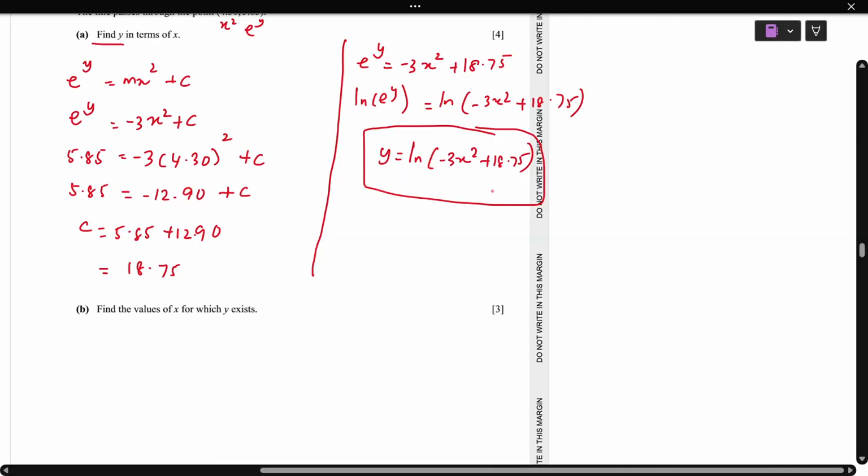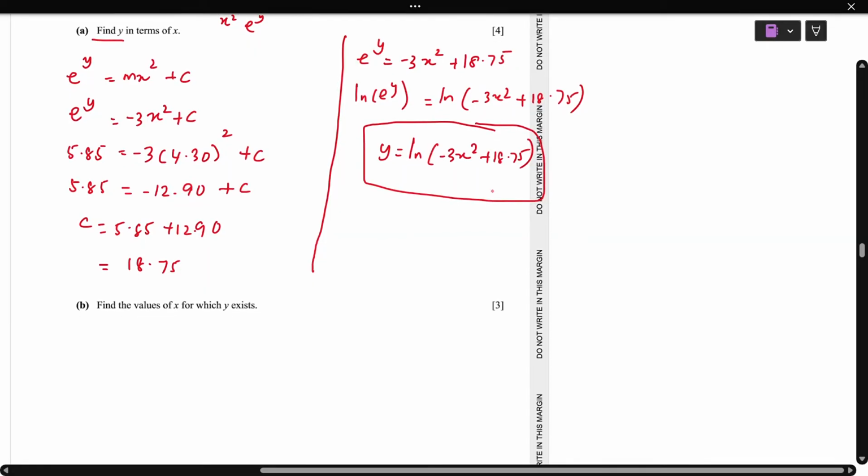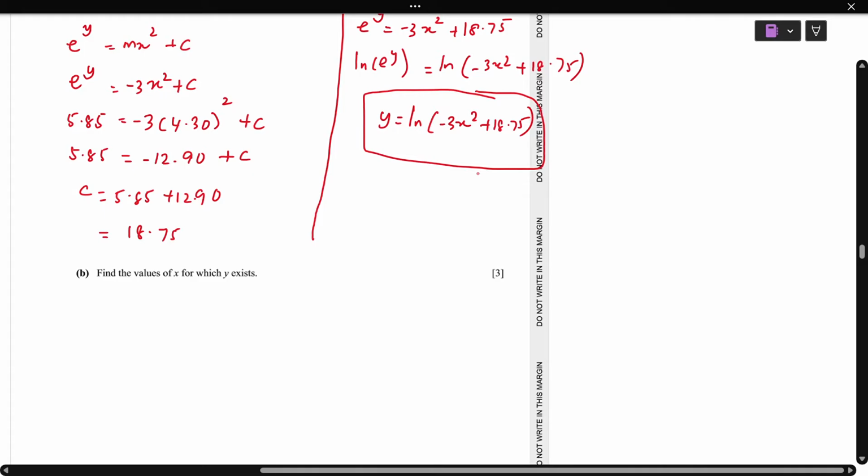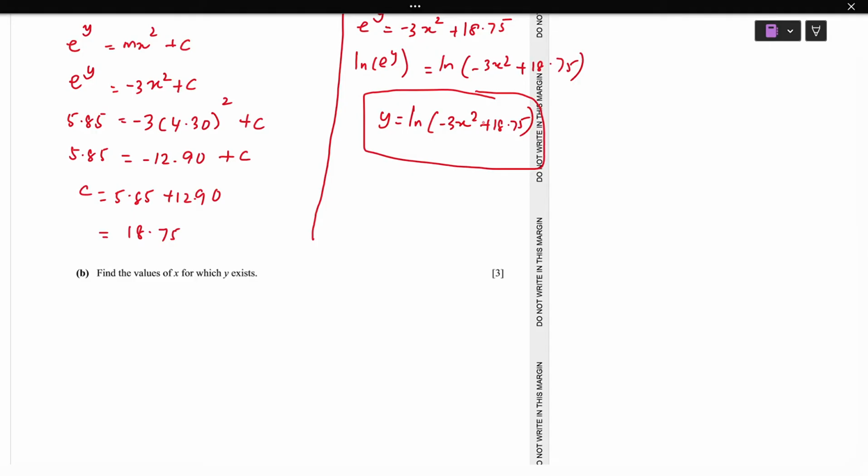Okay, so the next one: find the values of x for which y exists. As we know, the log of a negative number is not possible, it's not defined, so the number inside should be greater than 0.